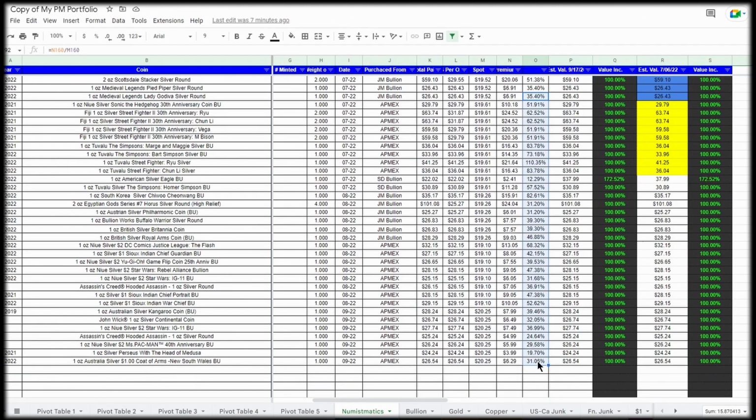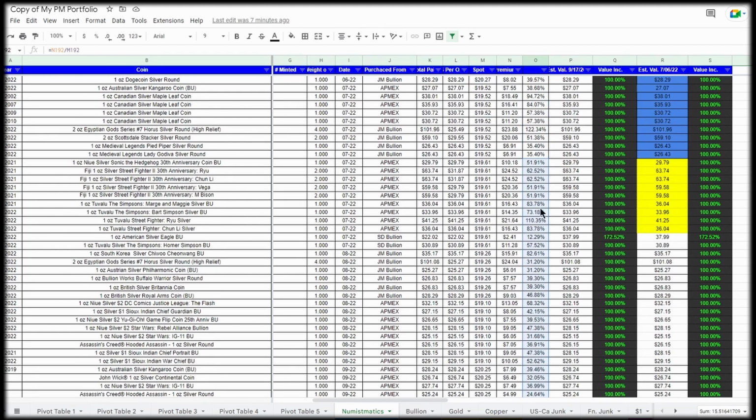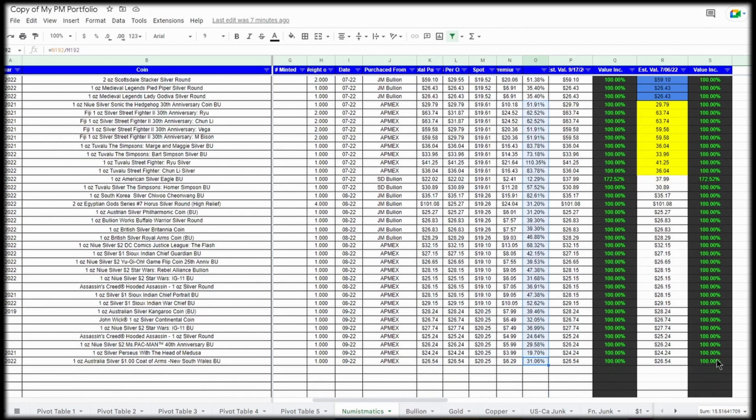If we look at the premium for all these numismatics, despite the fact that the premium is a bit high, don't let that fool you, because it's numismatic. If you stick with it long enough, then chances are you will come out positive.